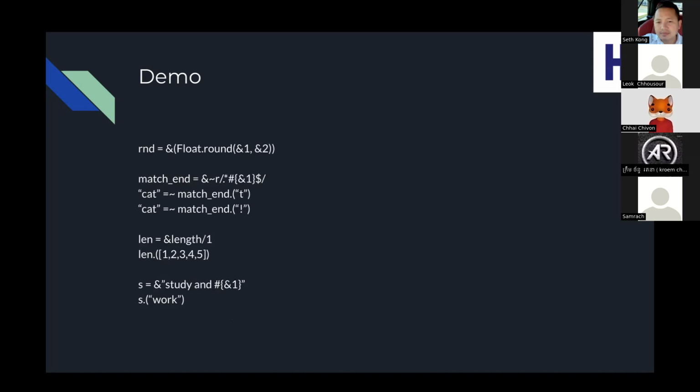Okay, so this is another capture notation function. The round function is a capture notation function. We take the existing function from the Float module called round and then pass in parameter 1 and parameter 2.